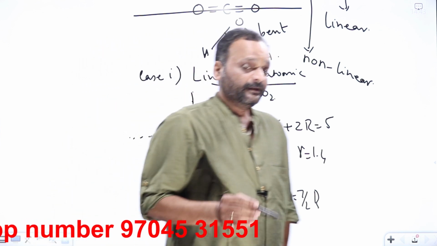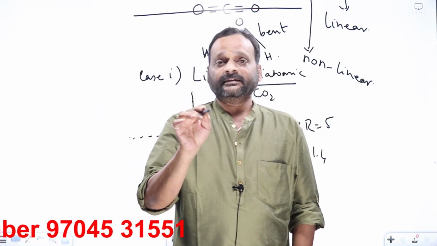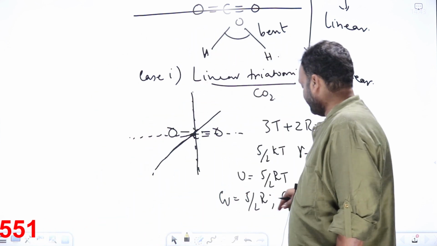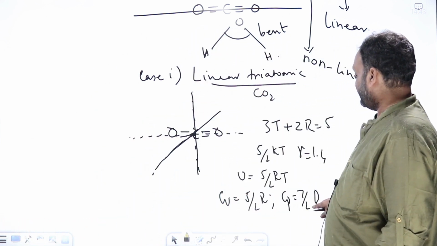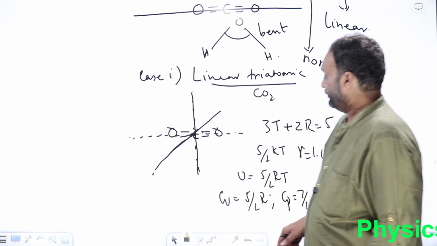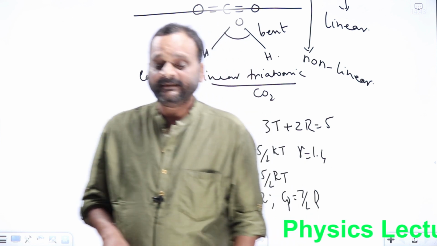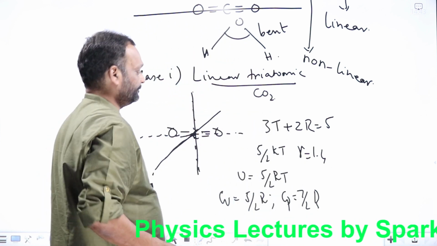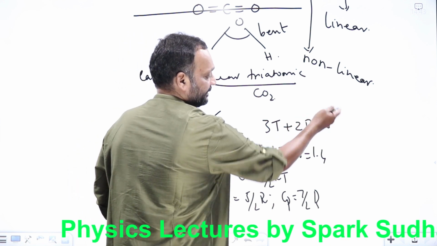So linear triatomic molecules are equivalent to diatomic molecules with gamma value 1.4, or 7/5. There is no difference between a linear triatomic molecule and a diatomic molecule. Gamma is the same for both, because degrees of freedom remain the same.